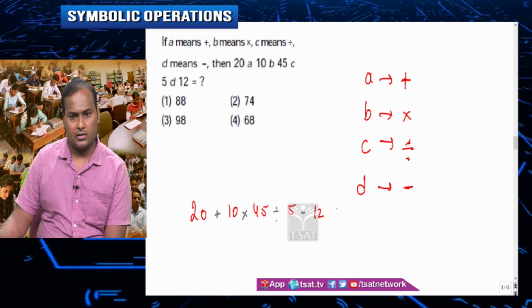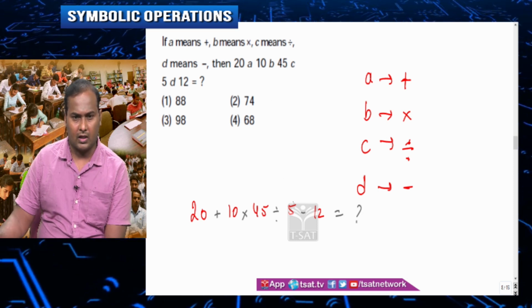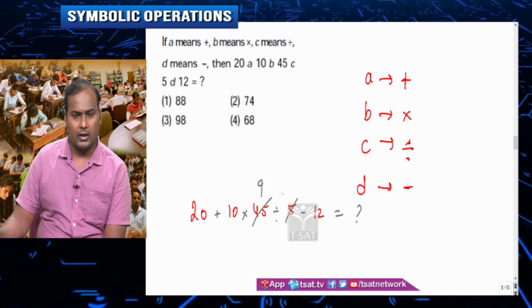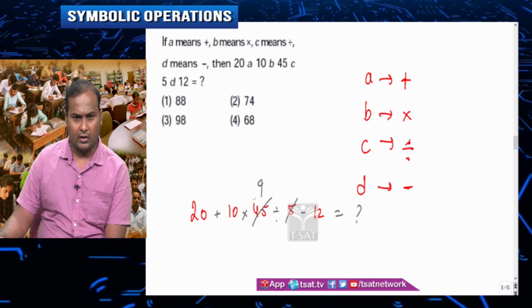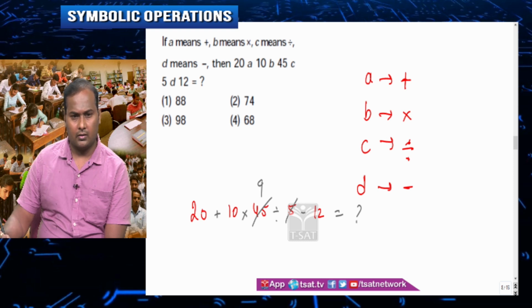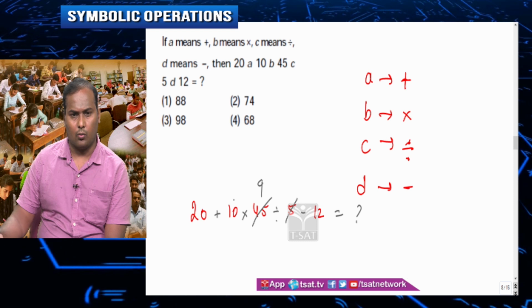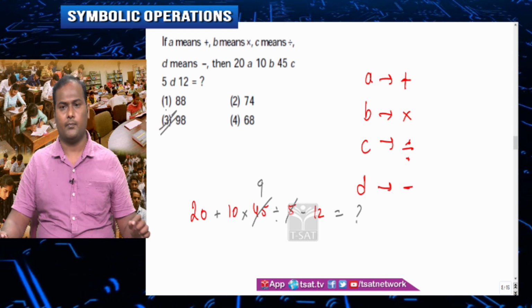Now we need to find what it is equal to. When you perform the calculation, 45 divided by 5 is 9. So 10 multiplied by 9 is 90. So 90 plus 20 is 110, and 110 minus 12 is 98. So your answer is 98.